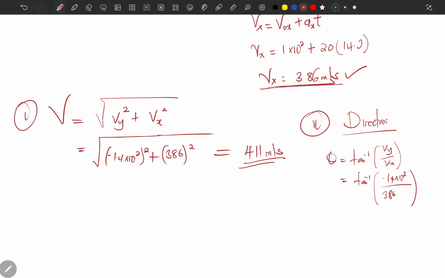So you can punch them together if you want. It's negative as well. The negative part on the angle is just showing you the direction, degrees. It's just showing you the direction, that's all. So that's the direction.